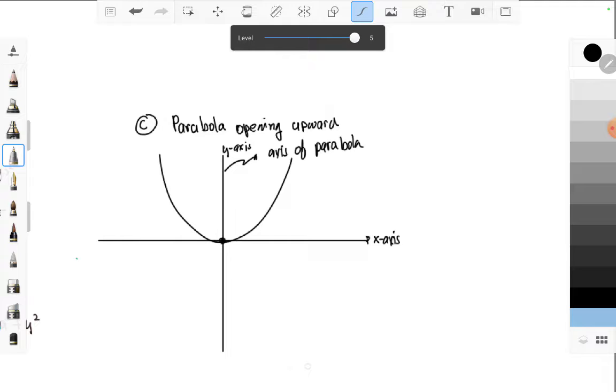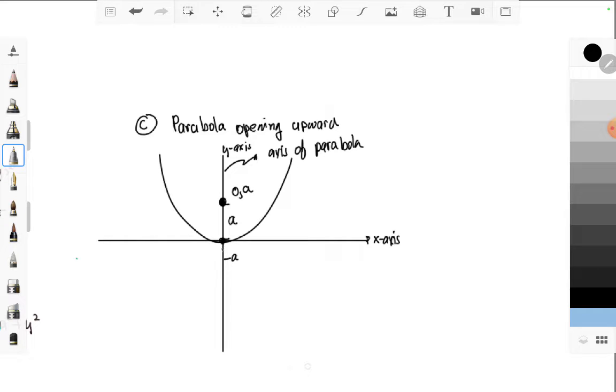like the ellipse, our focus can be found in our y-axis. So our focus can be found at 0, a. Take note that the length of this will be our a, and since this is equidistant to our directrix, we have our negative a. So we have distance a.